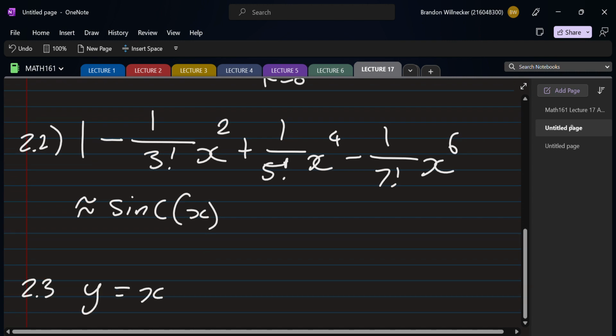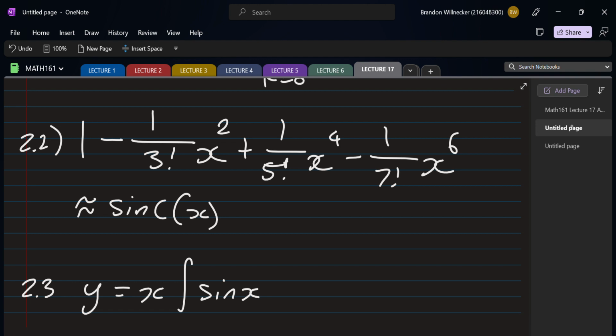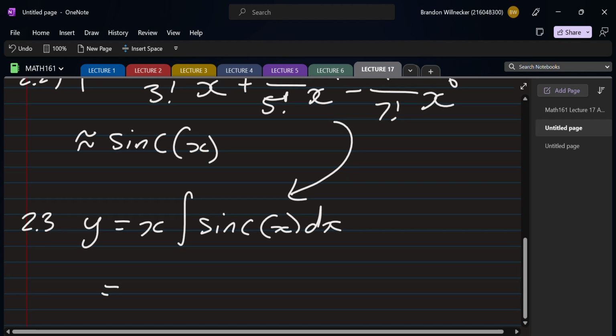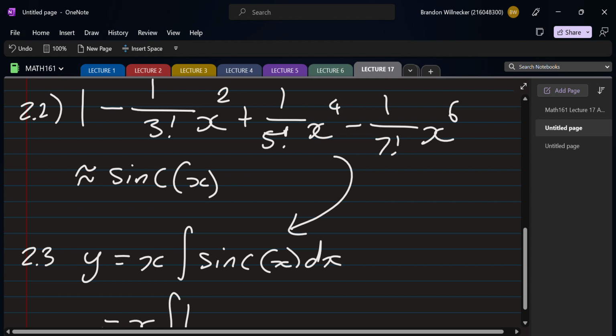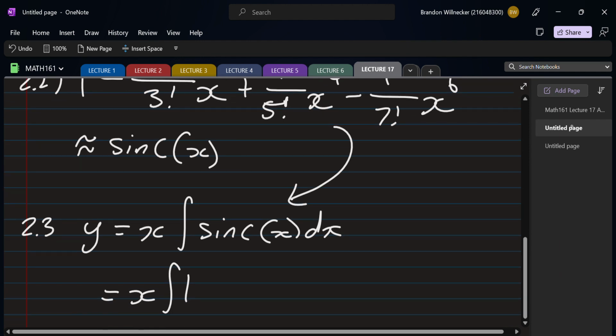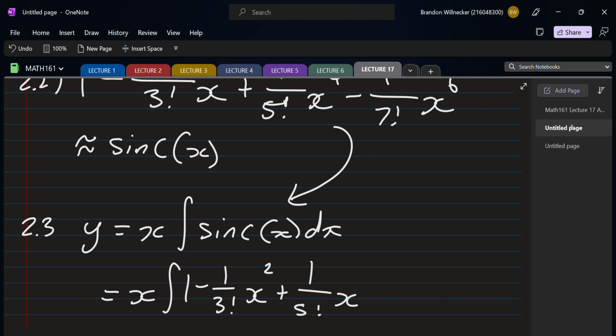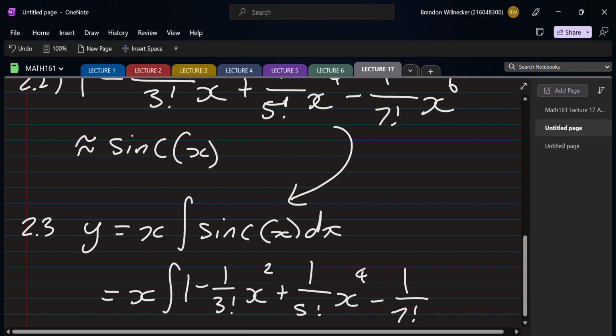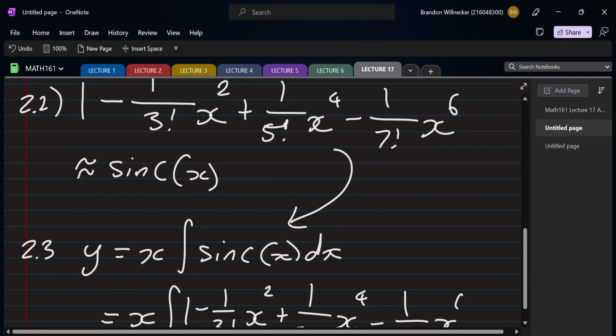So y equals x times the integral of sinc of x dx, and then we can put our polynomial in there. So this will be x times the integral of 1, and then it alternates minus plus minus plus, so minus 1 over 3 factorial x squared plus 1 over 5 factorial x to the 4 minus 1 over 7 factorial x to the 6.